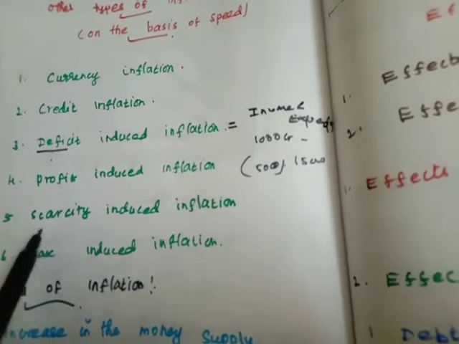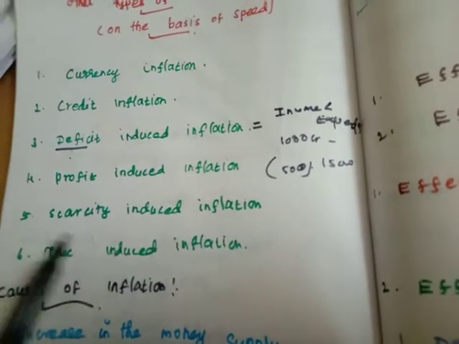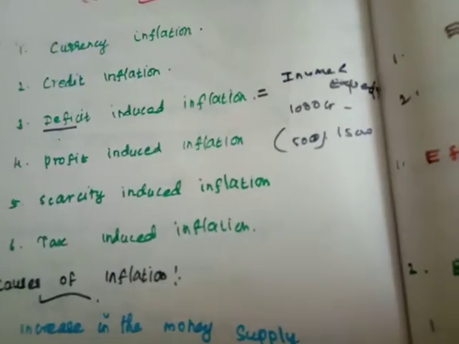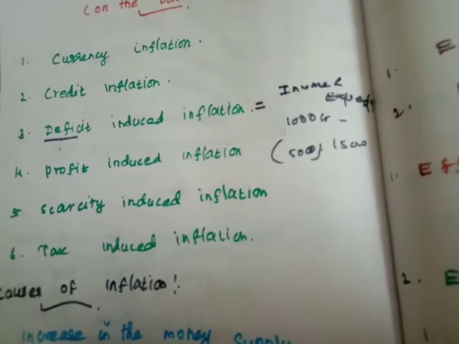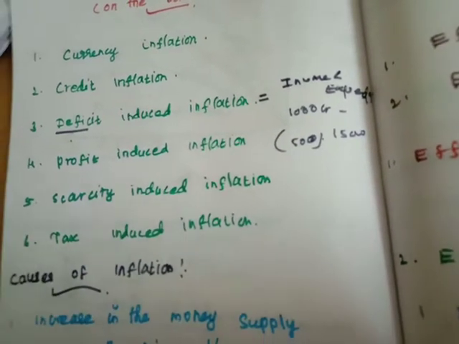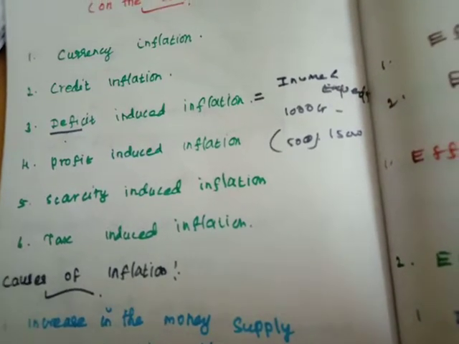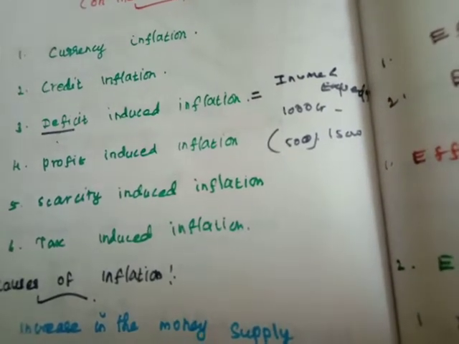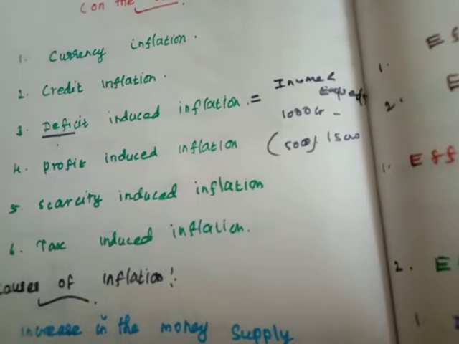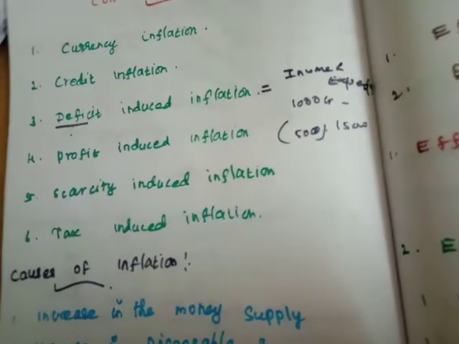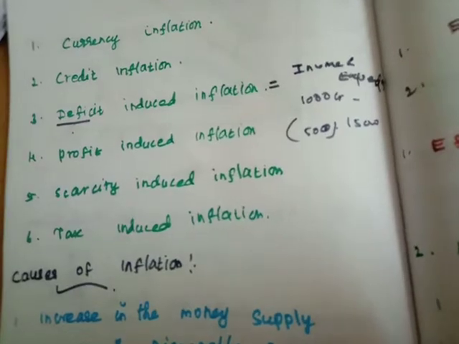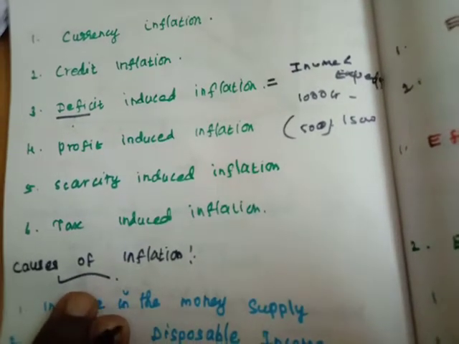And the fifth one is scarcity-induced inflation. The scarcity of goods happens either due to a fall in production, for example farm goods. The rice price has increased in the last 5 years because of the failure of availability of rice, and due to hoarding or black marketing.